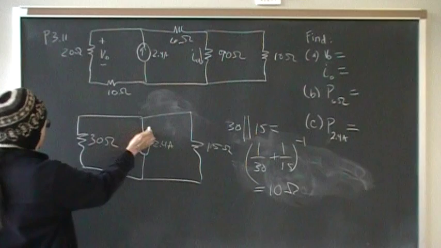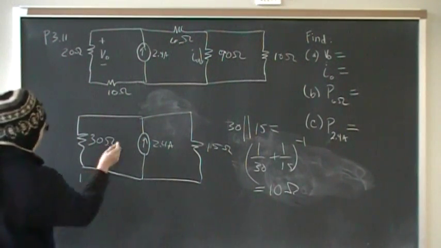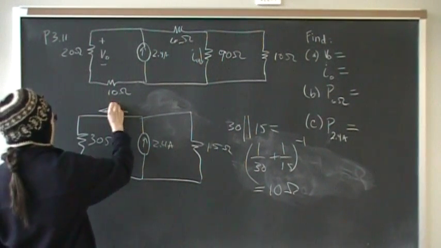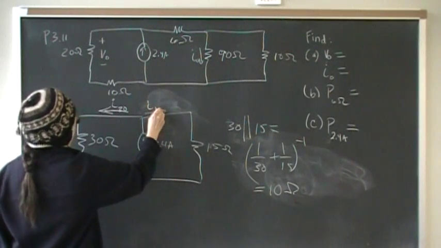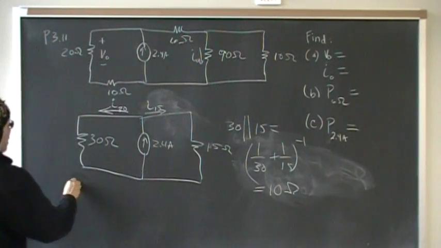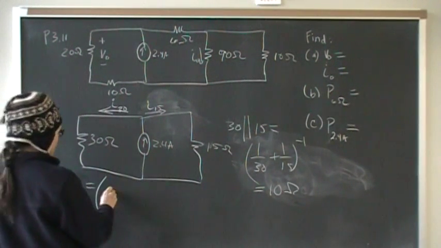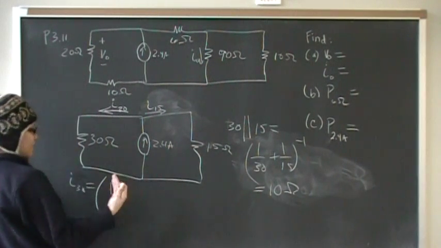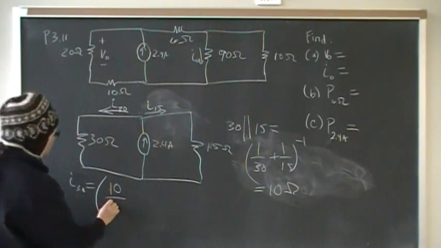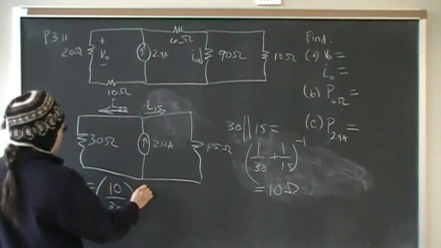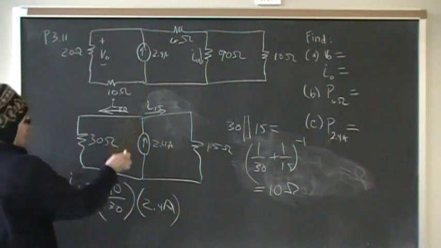So now we just apply current division. The current that will go here, I-30, and the current that will go here, I-15, will split such that I-30 is the equivalent resistance, which is 10 in this case, over what we're looking for, the branch through 30, multiplied by 2.4, the total current going into the node and splitting.